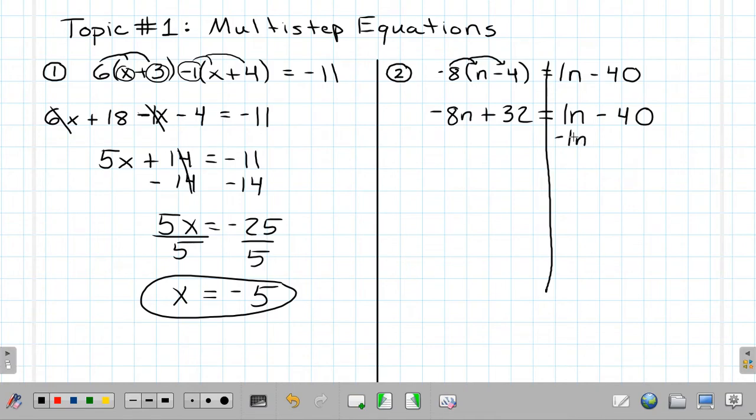I like to move my variable from the right-hand side to the left, meaning I subtract 1n here. That means I've got to subtract 1n from the negative 8n, so that gives me negative 9n plus 32 is equal to negative 40. And then now we're at the same point where we have a two-step equation where we will subtract 32.